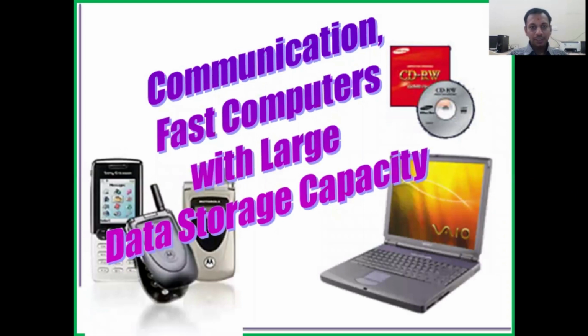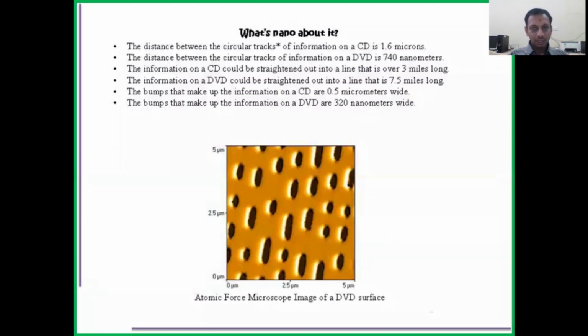In communication and electronics also, nanomaterials are there. This is very interesting, that's why I am showing you. Very fast, we'll cover a few slides. It gives an idea of different nanomaterials in various fields. The bumps that make up the information on a CD are 0.5 micrometer wide, and the CD is now an old concept.